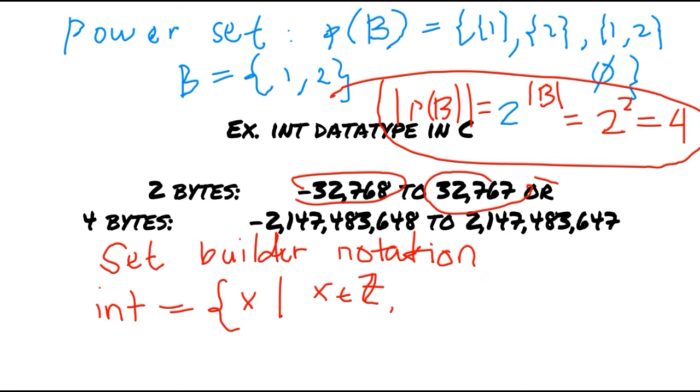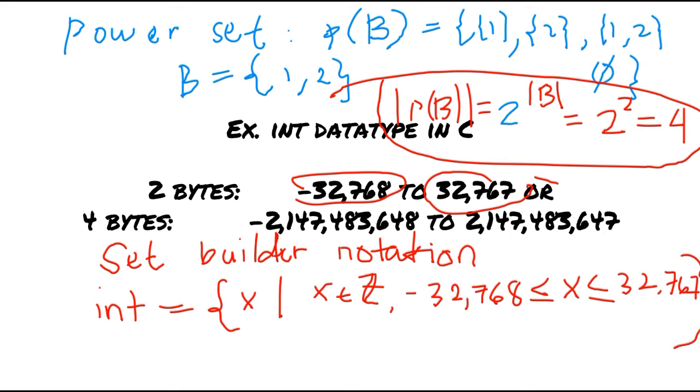So that means I could define it as negative 32,000 and then positive 32,000. So set builder notation, still the curly brace, and it's a well-defined property. So pretty much that's the basic.